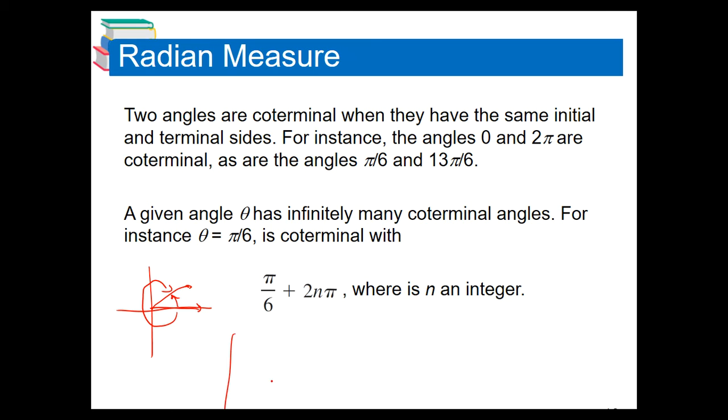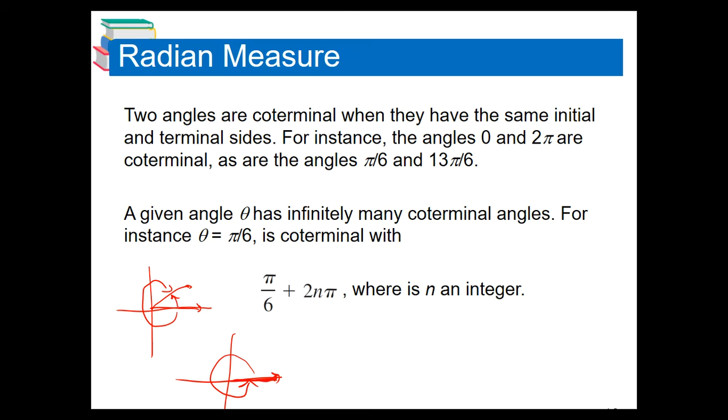Well, what would be 0? 0 would be an angle where both rays are sitting right on top of each other. And then if I went all the way around to 2 pi, and I look at this angle that goes all the way around, notice the angle 0 and angle 2 pi share a terminal side.